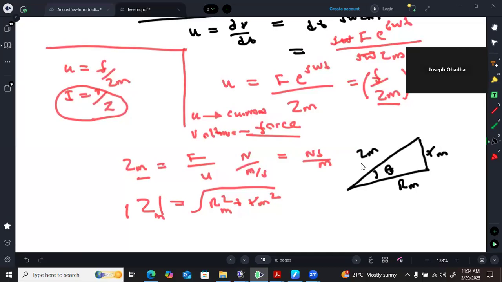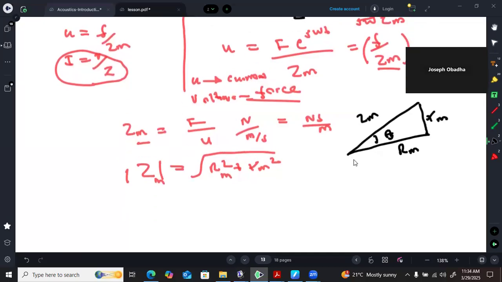So I can get the other parameters like the angle theta: tan theta equal to opposite over adjacent, or Xm over Rm, and theta is equal to tan inverse of Xm over Rm.